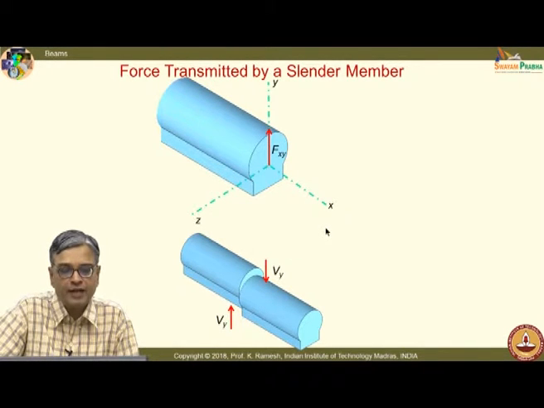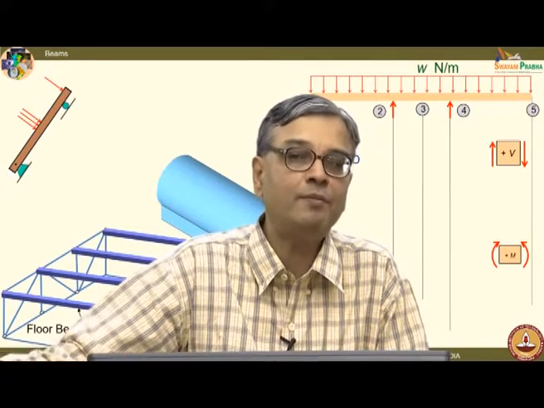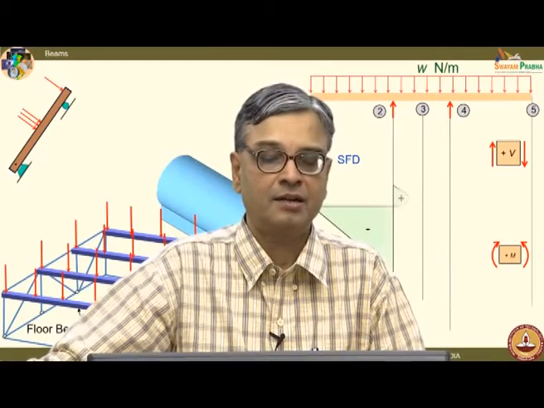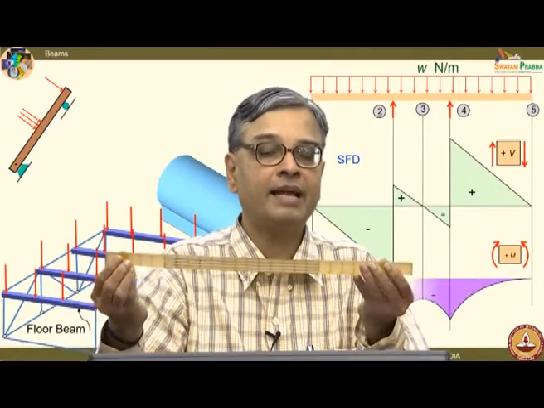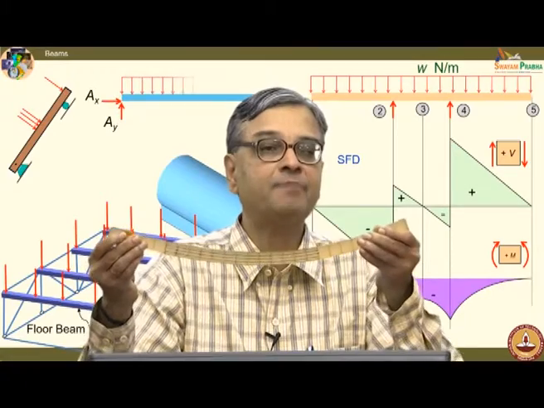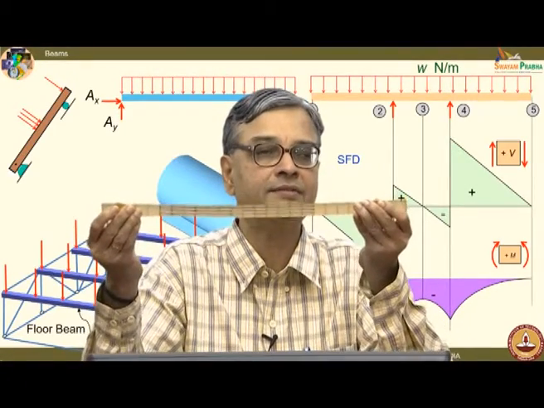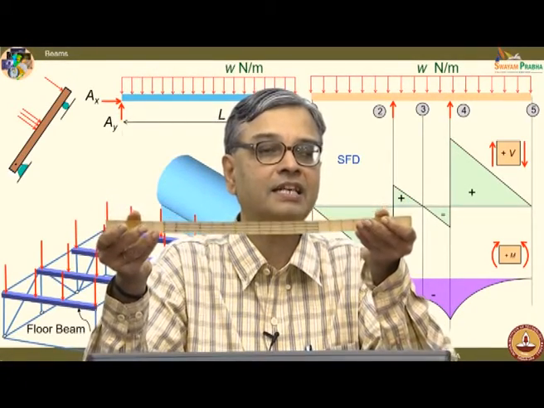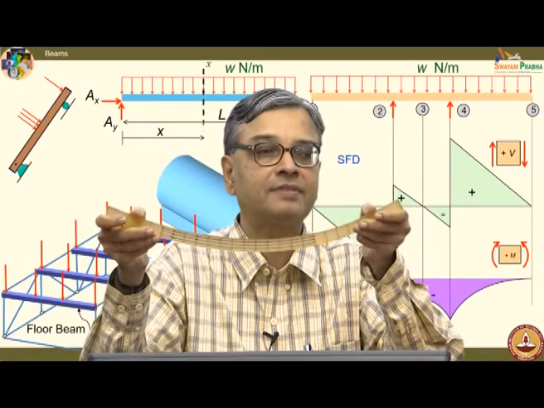I could also have a moment like this. When I have a moment like this, the member can bend in this plane. I have a slender member, this moment will bend it.